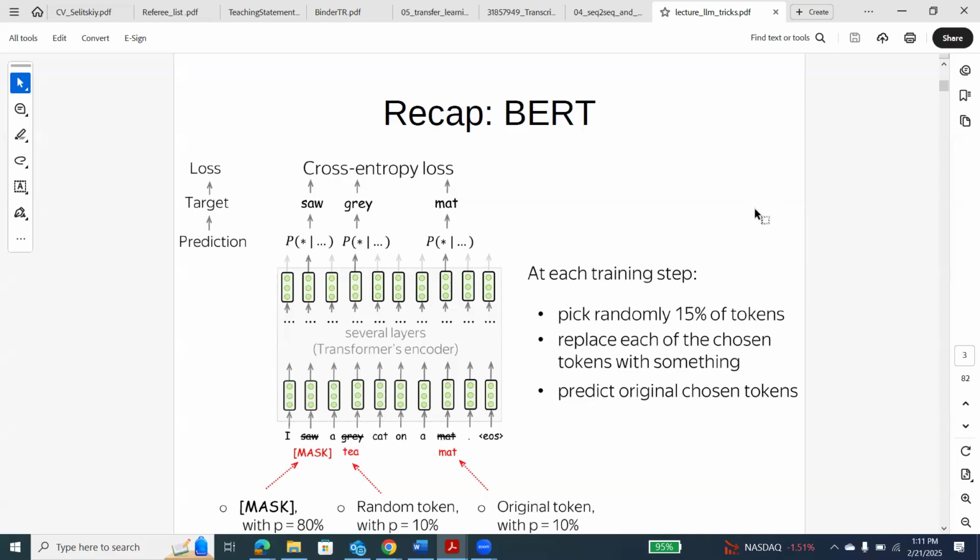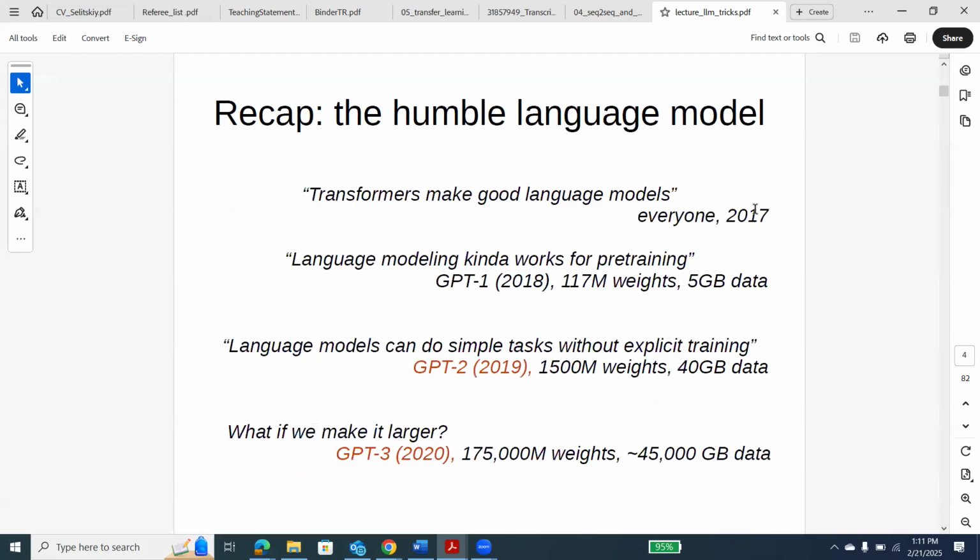So only through these tokens the gradients were flowing during training. But because we applied this on different batches, in the end of the day, gradients flew through all the tokens.